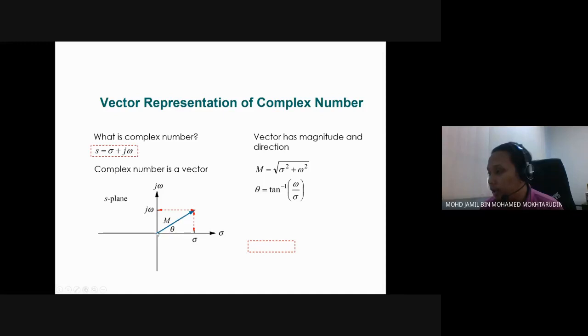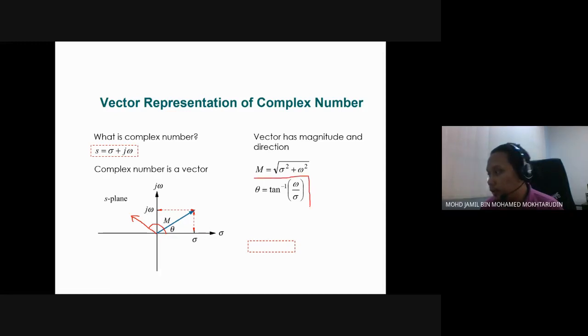So if your vector is in this section of the s-plane, then the angle is measured from the x-axis to the vector.